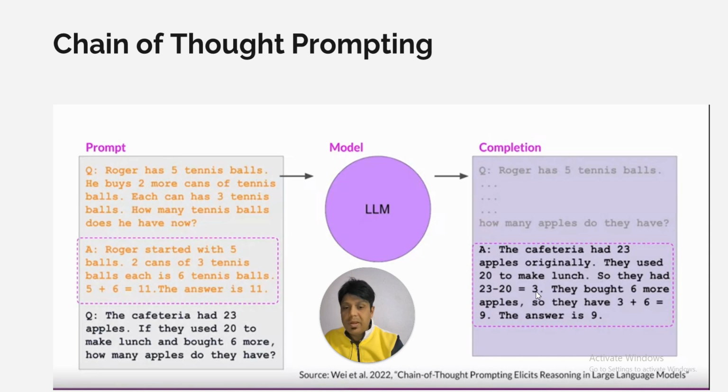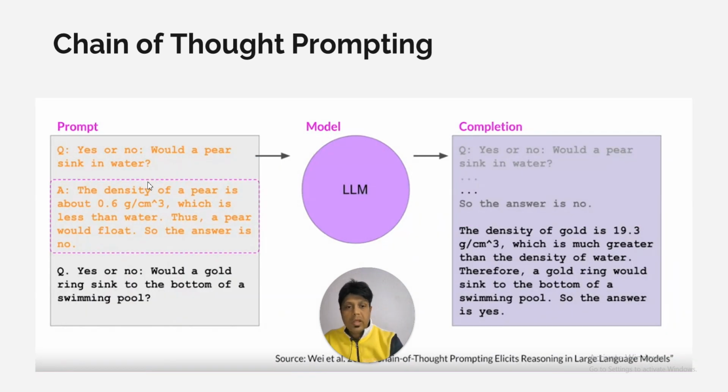They used 20 to make lunch, so they had 23 minus 20 left, and then they bought 6 more, so now they have 3 plus 6, so the answer is 9. So that's how, if you give step-by-step reasoning, if you give the way you are thinking, if you provide your chain of thought, the model will also understand, follow the same method, and provide you the right answer.